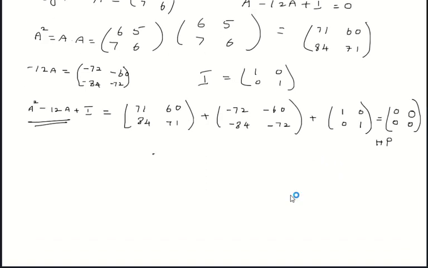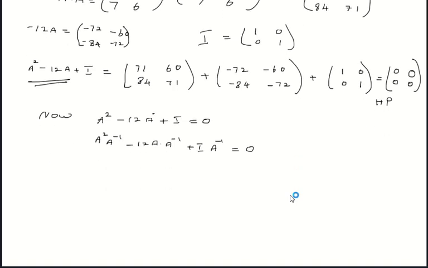Shall we now consider A square minus 12A plus I equal to 0 matrix, right? Now pre-multiplying by A inverse, I get A square into A inverse minus 12A into A inverse plus I into A inverse equal to 0 into A inverse, right? When the bases are the same, obviously you can add up the powers.